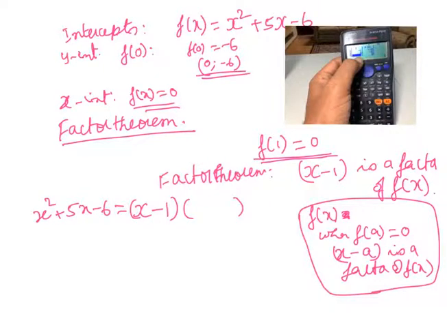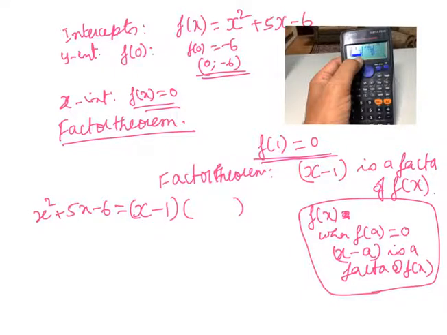Remember, this is a quadratic. A quadratic will have 2 factors. A cubic will have 3 factors, not necessarily, but we'll see if there is a possibility or not. A quadratic will definitely have two factors. So one factor I got is x minus 1.